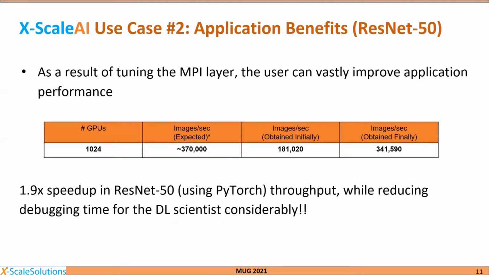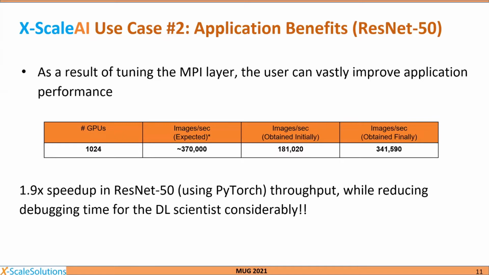The next one shows another example. This is ResNet-50, an application which is very popular as a benchmark, and this one is on the PyTorch framework. This is before and after we used this tool to analyze and do the optimization.